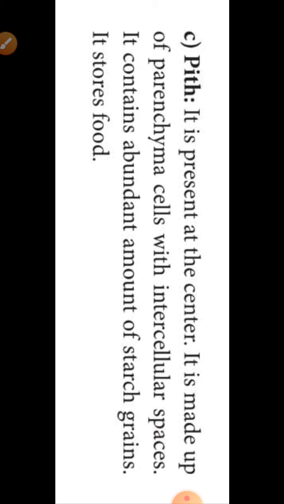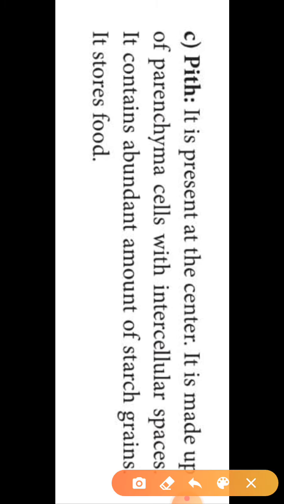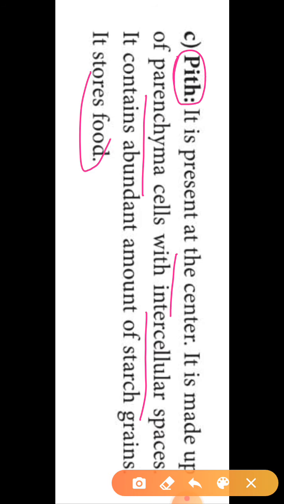It contains an abundant amount of starch grains as stored food. Like cortex, it stores food.